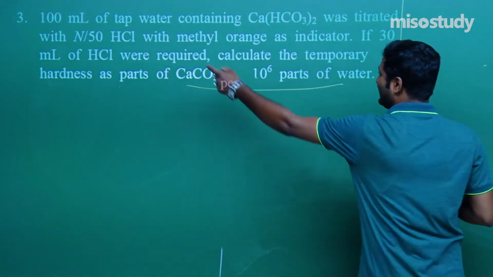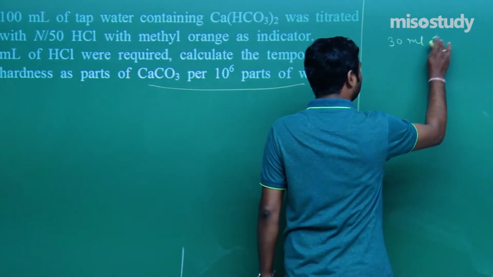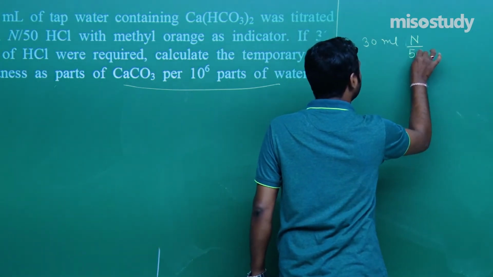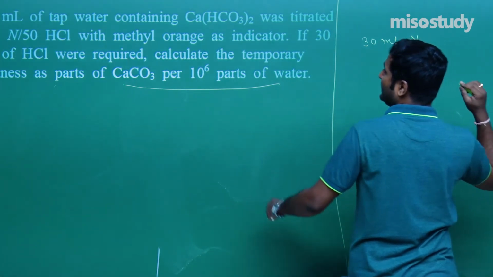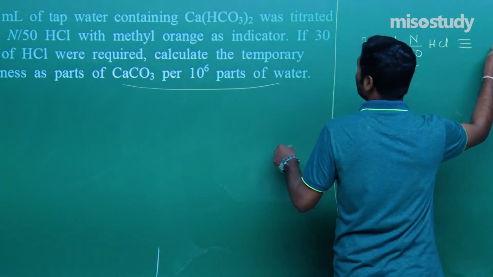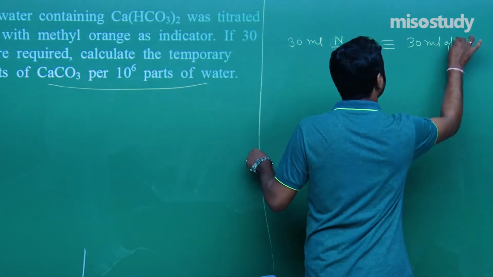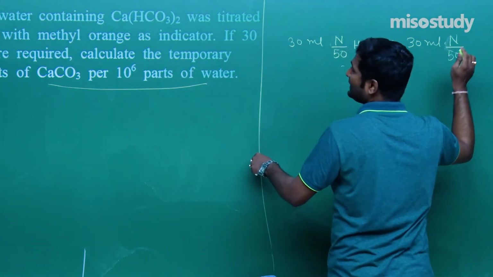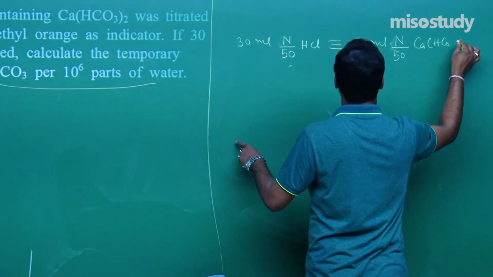Now it's very simple. Titration, that is, we can equate 30 ml of N by 50 HCl. Clear to you? 30 ml of N by 50 HCl is equivalent to, tell me, that is 30 ml N by 50. Clear? Wait for a moment, I am looking at the question.